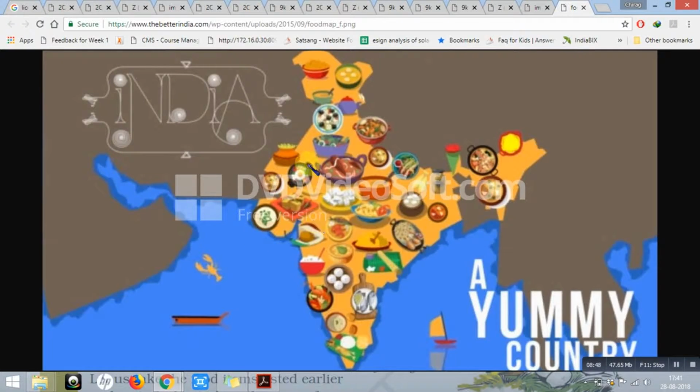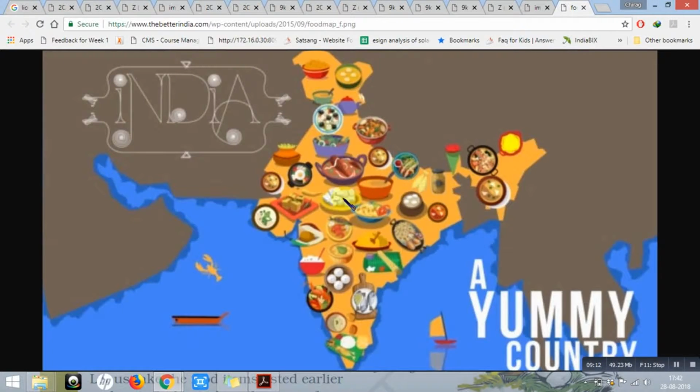If you go this side, here common dhokla is there. Rajasthan, Gujarat, like that, there you will find pulses, different types of pulses, corn, maize, dates. Those items will be there in this western part of India.